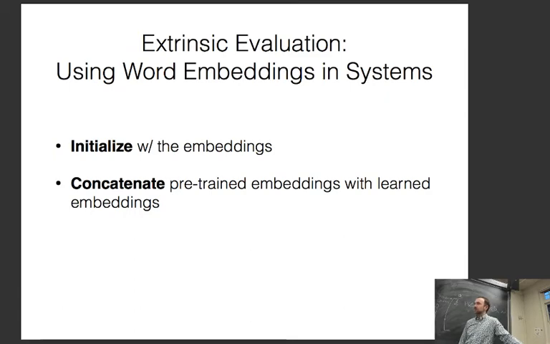Yes, that's extrinsic evaluation. But would that not lead to an overfit concatenated embedding in general? Actually, I realized I should repeat the question. So the first question was basically, what is the measure that you use here?